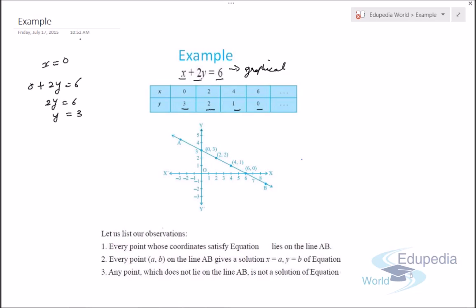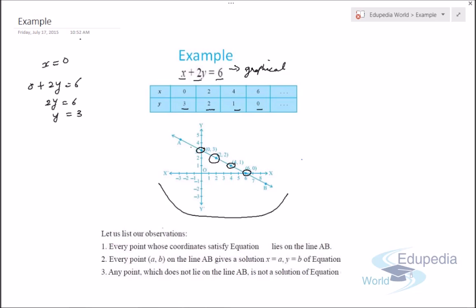Then again, using the Cartesian system as drawn over here, we'll plot the points. Suppose this point is (0, 3), this is (2, 2), this is (4, 1) and this is (6, 0).